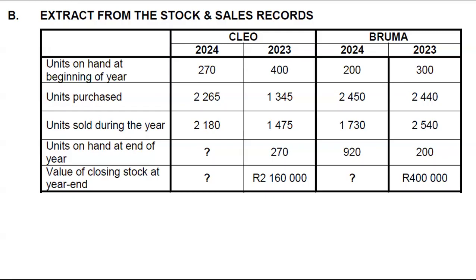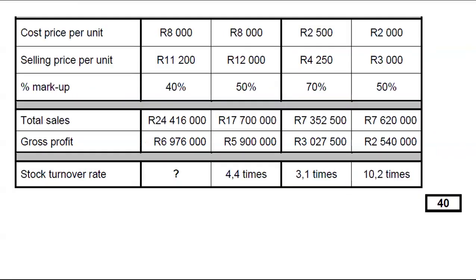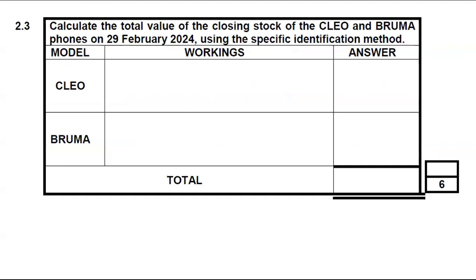And once you have that question mark of closing stock, you need to determine what the cost price of each Clio is. The cost price is 8,000 Rand. So for me to calculate the closing value of Clio cell phones, all I'm going to do is take units on hand, which is opening plus purchases minus the sold, which will give us 355.